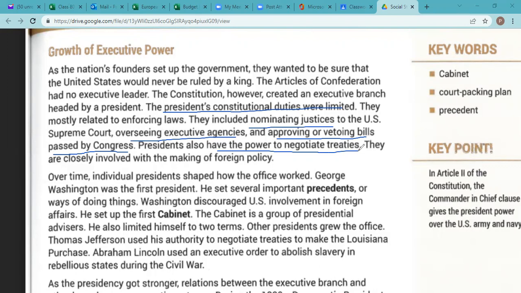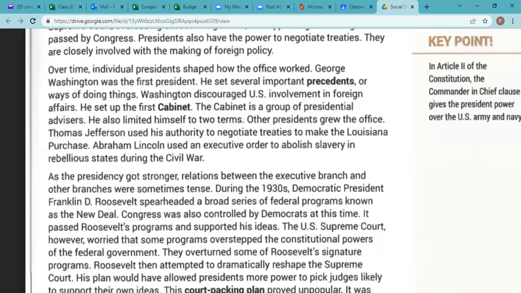Over time, individual presidents shaped how the office worked. For instance, George Washington was the first president, and he set several important precedents.